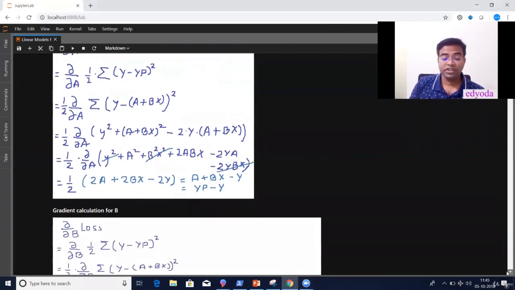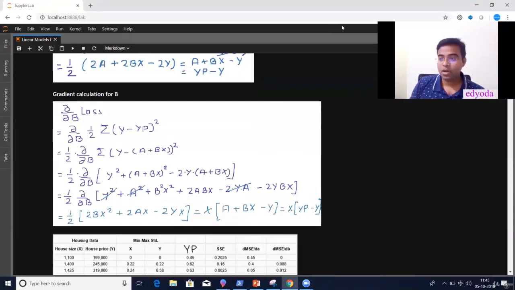Now let's see it with respect to B. Loss, so again, expanding, you have a plus bx, then you expand this. You're removing all the data which does not have b in it, so this all got removed. All that remained was this, and this guy.